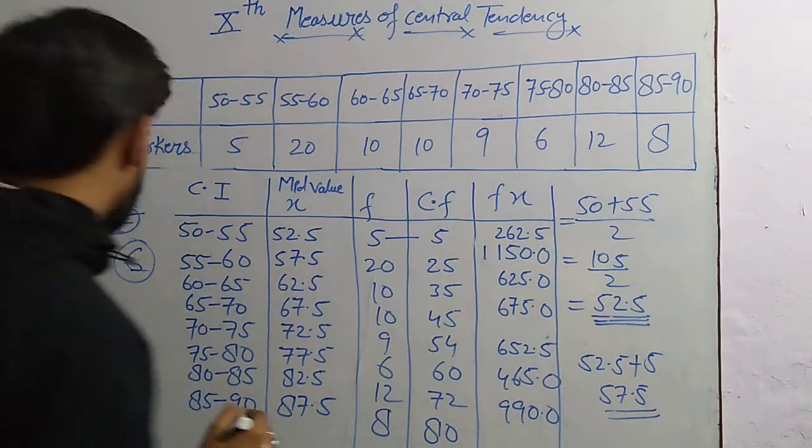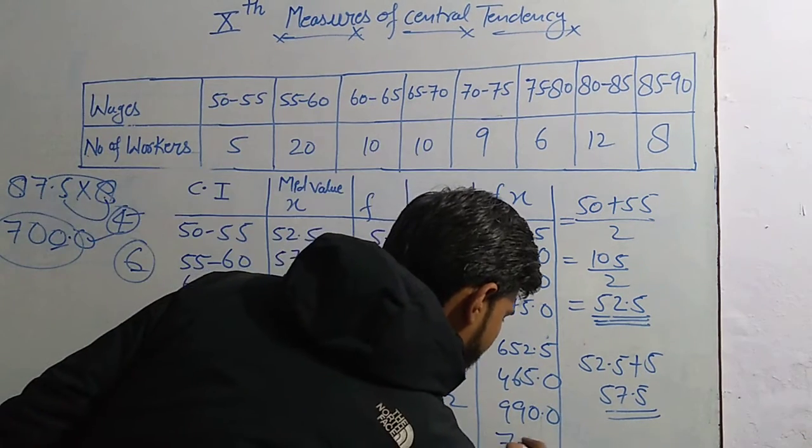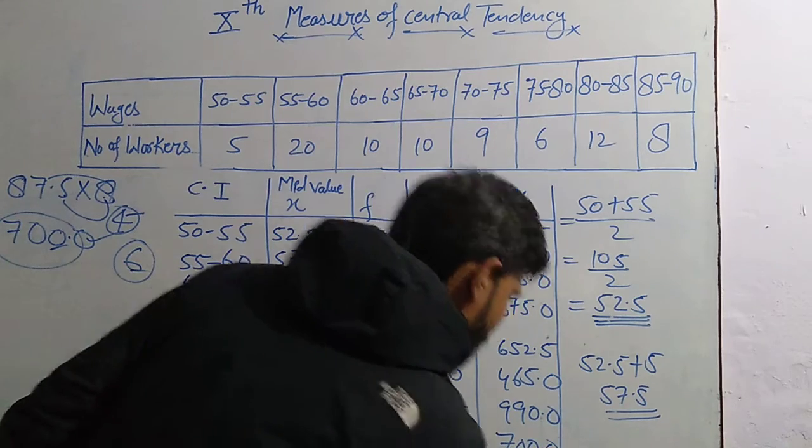Then we get 700.0. The last value is 700.